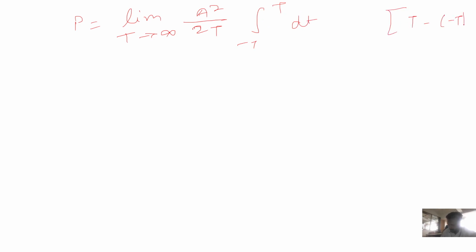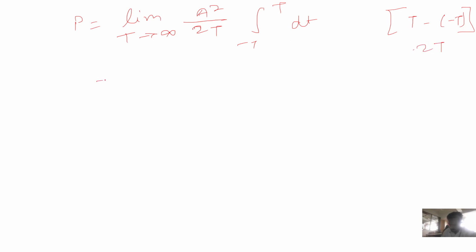Therefore power is going to be equal to limit t tends to infinity a square upon 2t integration minus t to t dt, and this is going to be t minus minus t, so it is going to be 2t.